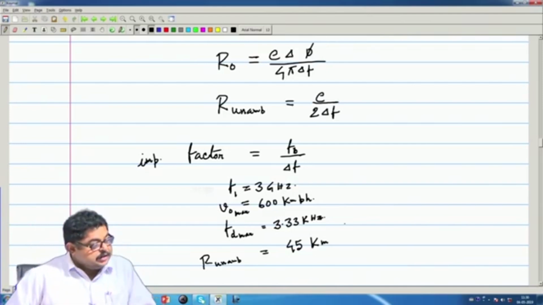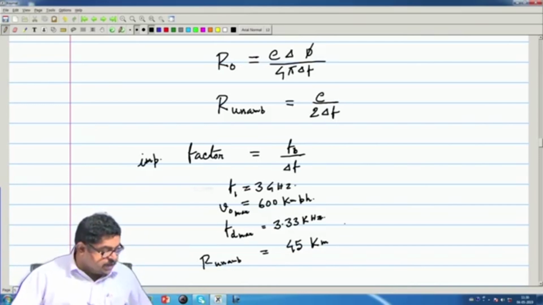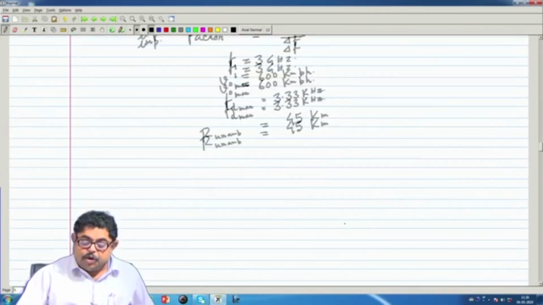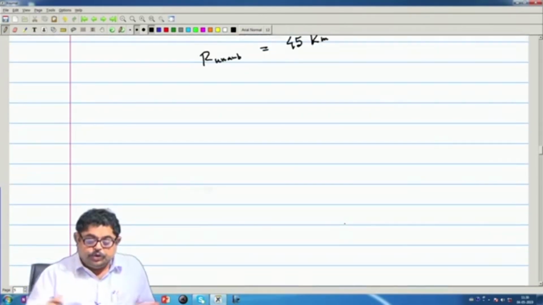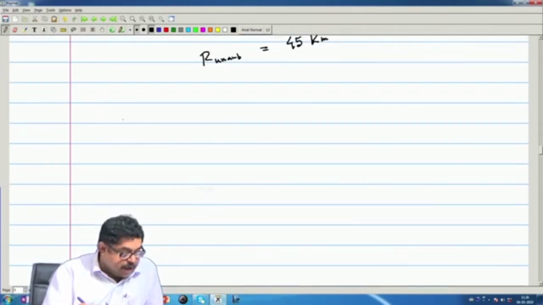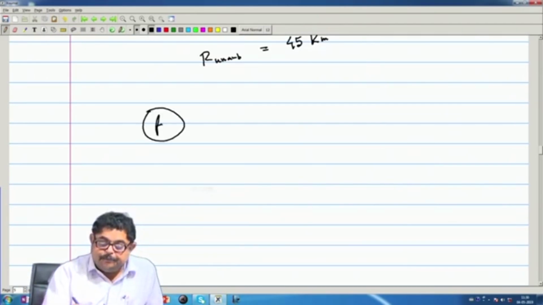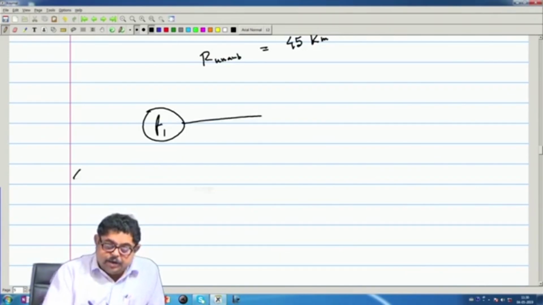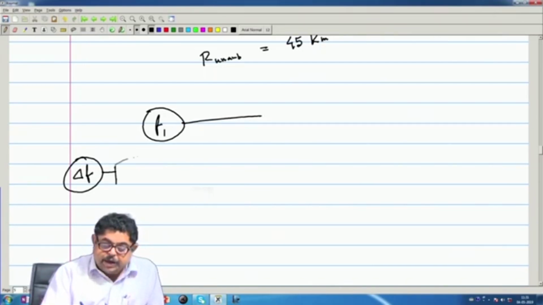So, this phase detector can be used. Let me just briefly give its block diagram. Suppose there is an f1 oscillator. From that, also there will be a delta f oscillator, and that delta f oscillator will be put to a mixer, and this output will be f2.